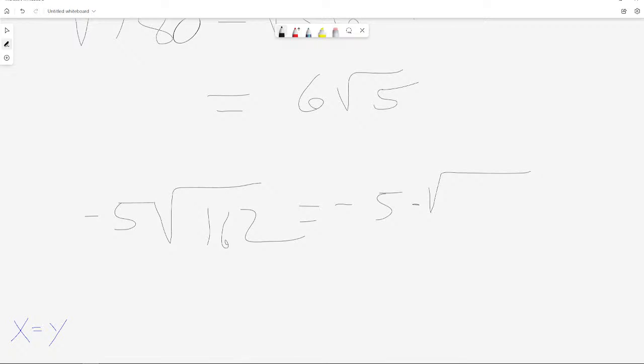Let's see, 162 is 81 times 2. 81 is a perfect square, so we'll have negative 5 times, this is not a negative sign, the square root of 81, which is 9. Then we're going to have the square root of 2. So we should end up with negative 5 times 9, which is negative 45 root 2.